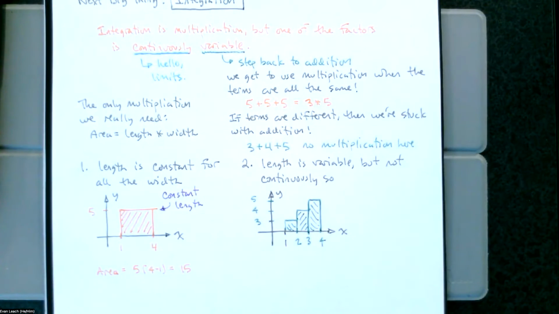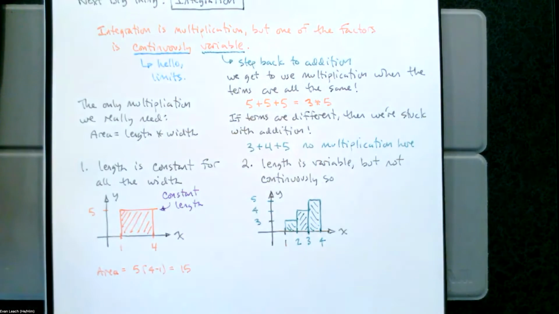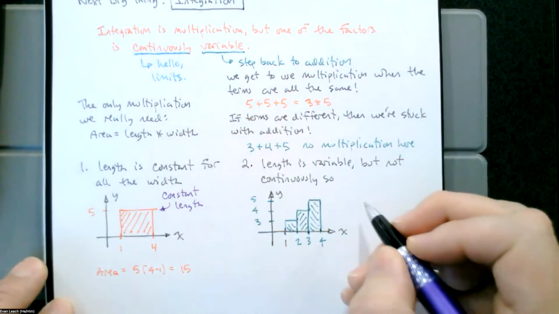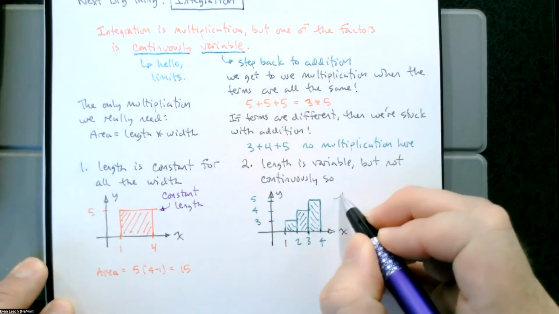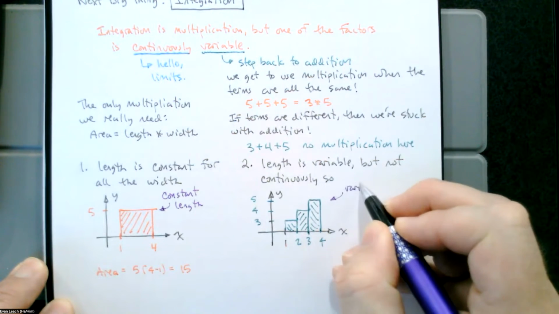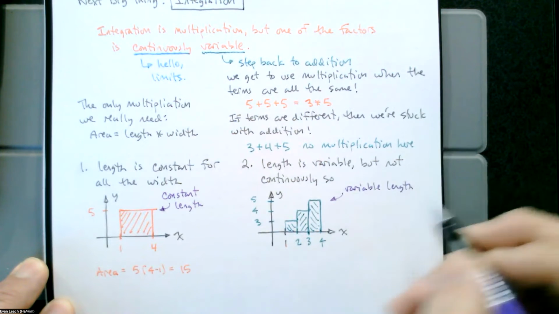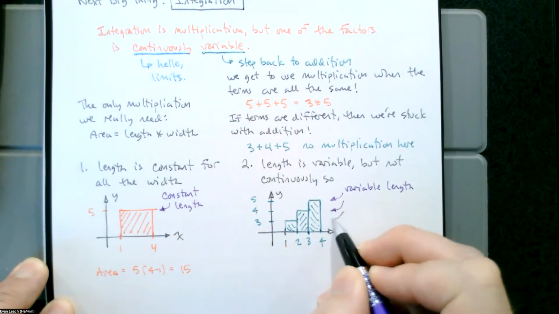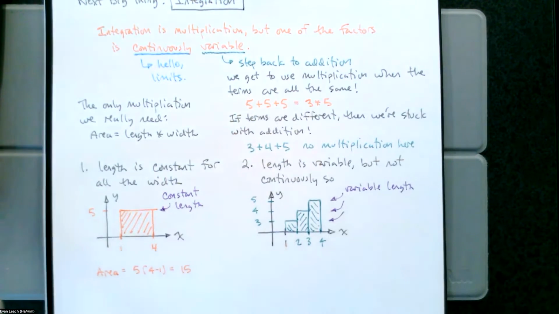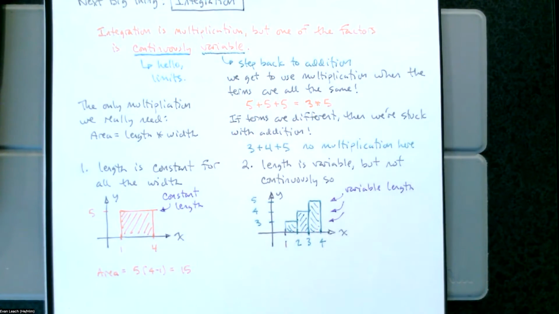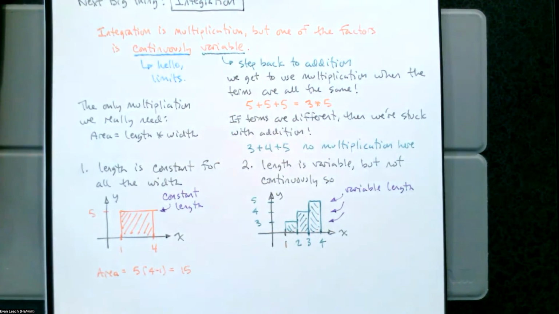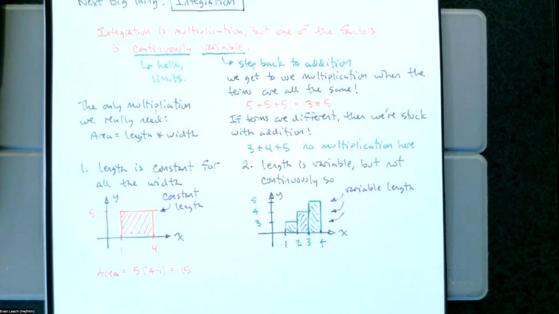So our length is variable, but not continuously variable. There's a place where the length is 3, there's a place where the length is 4, there's a place where the length is 5, but it's all flat across the top.